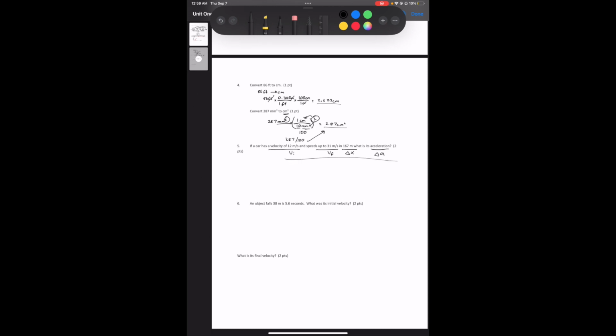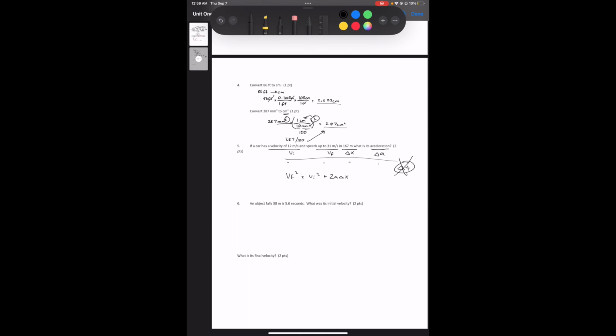So if we look at all our terms, we'll notice that we do not have a delta t. So we're looking for an equation that has these four terms in it. And luckily there is one. Final velocity squared equals initial velocity squared plus 2a times the displacement.